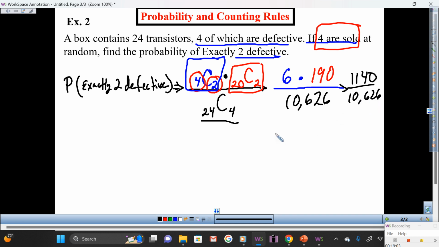And this reduces to what? 1140 divided by 10, 626. Can it be reduced? What'd you get? Like that? 300?